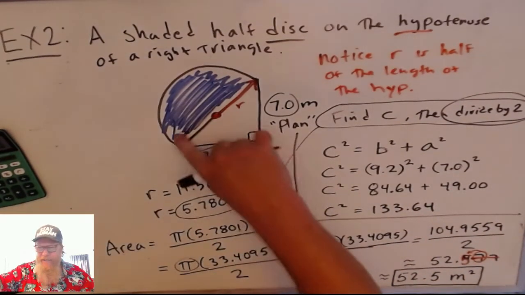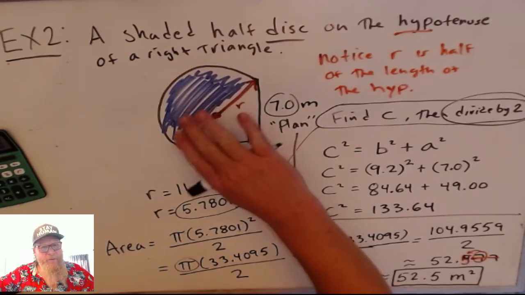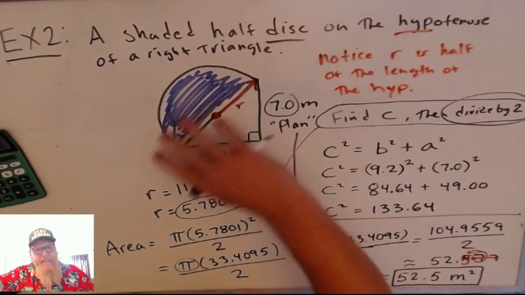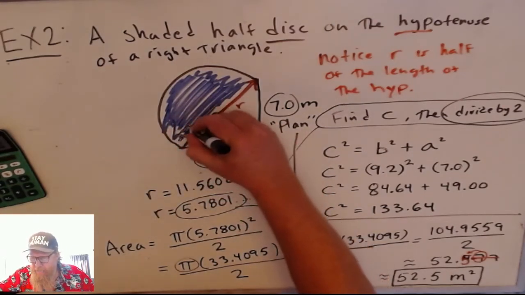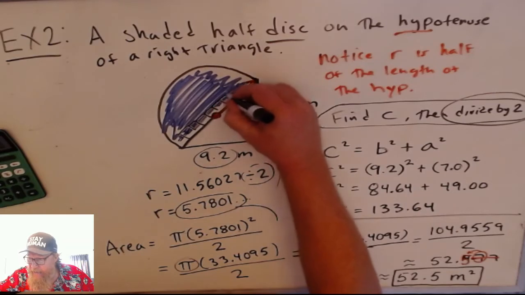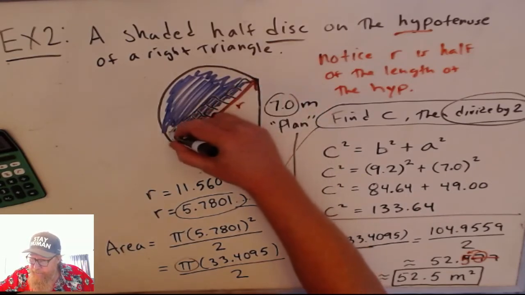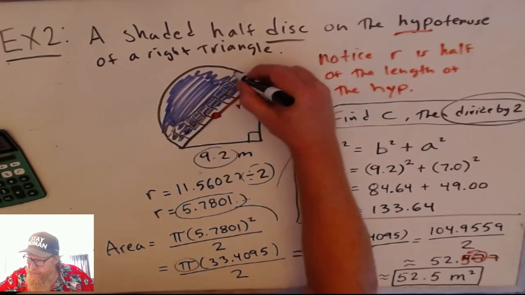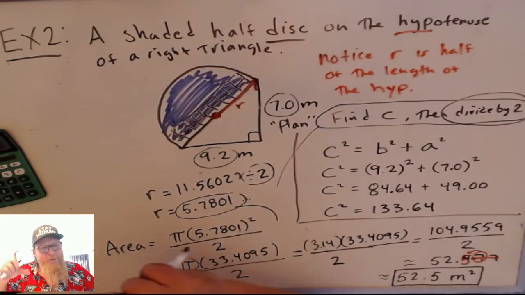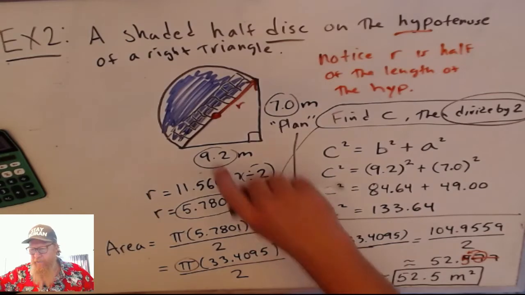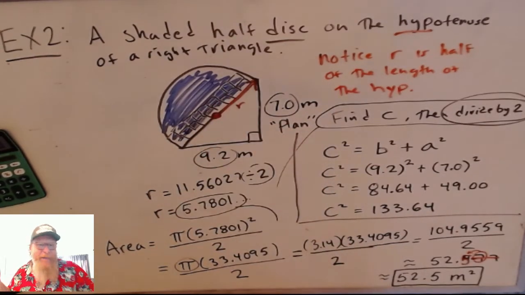Think of it as carpet or tile or some kind of flat surface. It could be grass. It could be dirt. It's how many square meters would fit inside of this half disc. I'm not going to fill it all up with squares, although anybody that's ever tried to lay square tiles in a round room might be some reason why we don't make rooms round very often, because it's very difficult to do that.